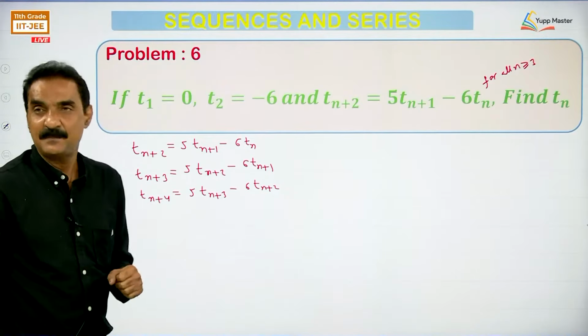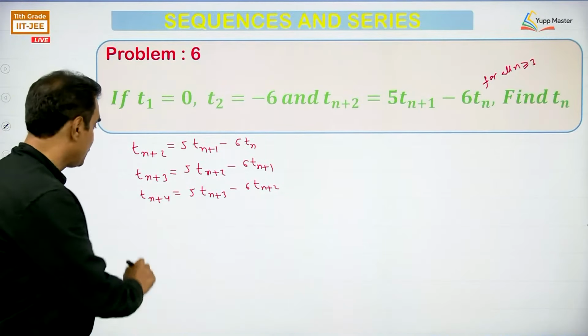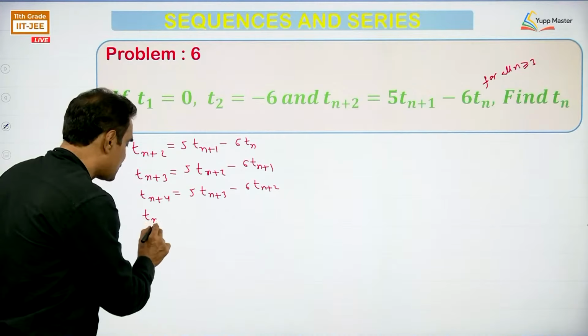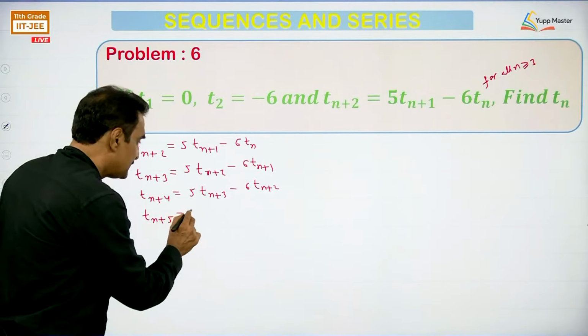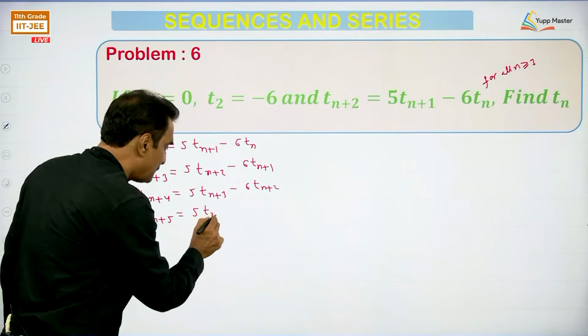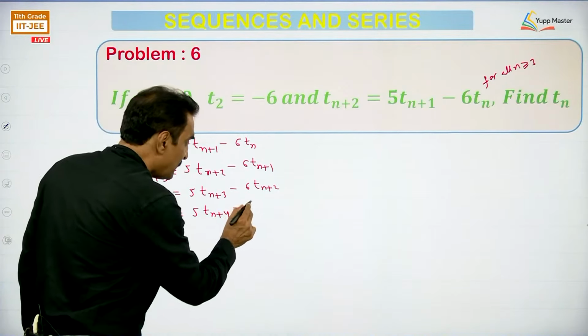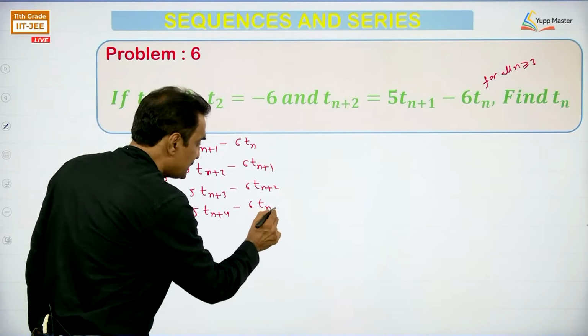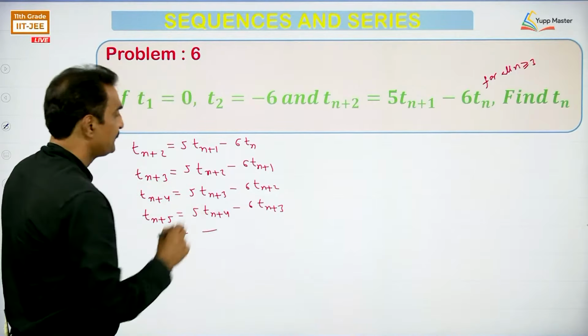Again, replacing n by n plus 1, you will get Tn plus 5 is equal to 5Tn plus 4 minus 6Tn plus 3, and so on.